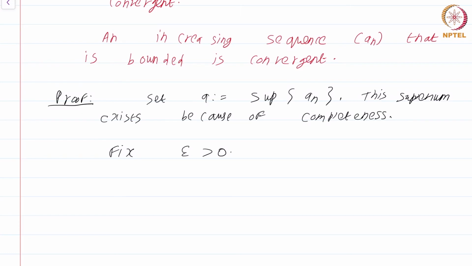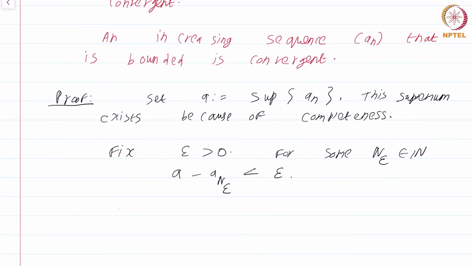In other words, for some n_epsilon in the natural numbers, A minus A_n_epsilon is less than epsilon.